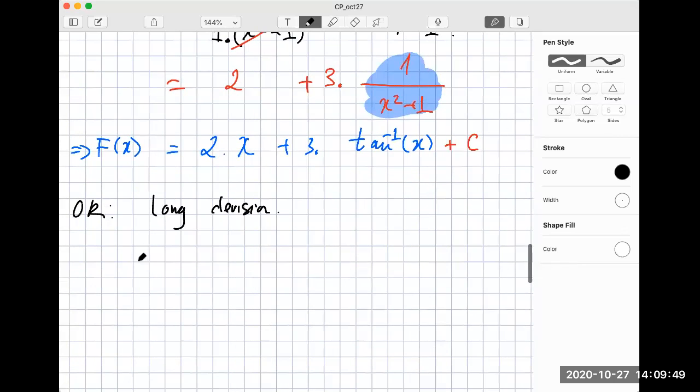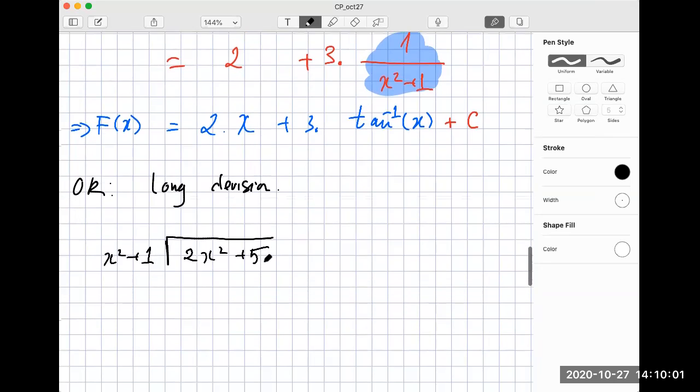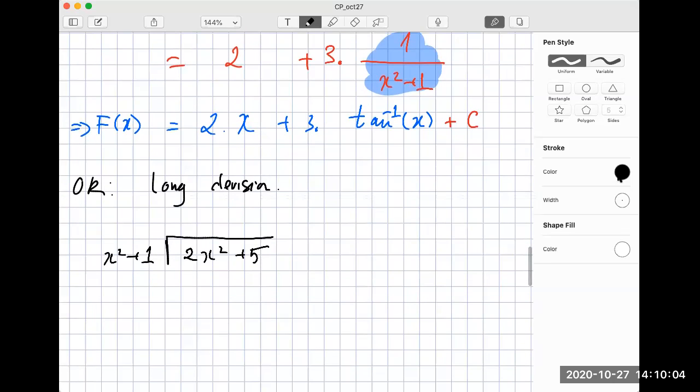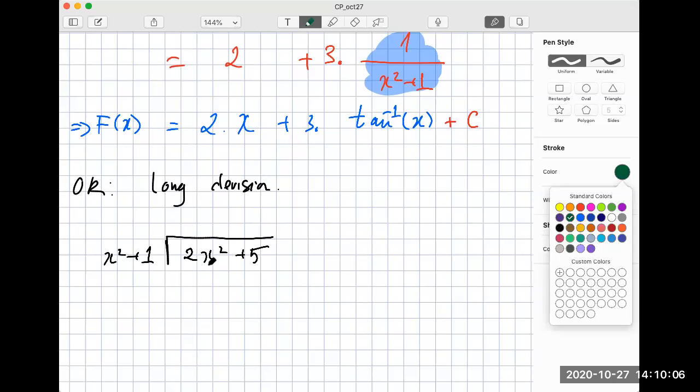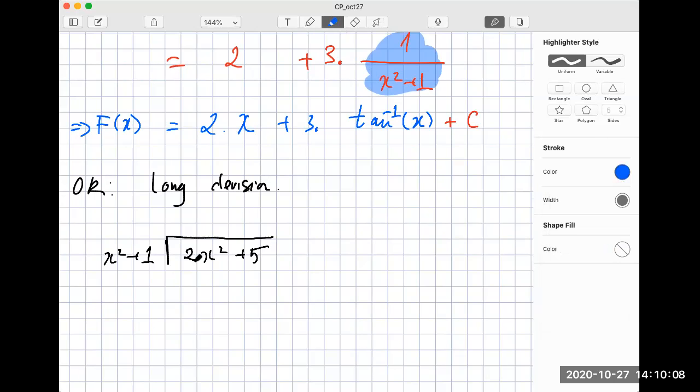Long division, if we want to divide 2x squared plus 5 by x squared plus 1, right? So 2x squared, the highest degree here, divided by the highest degree here, gives us, what is it? 2, yes.